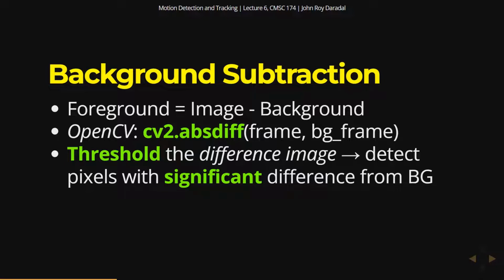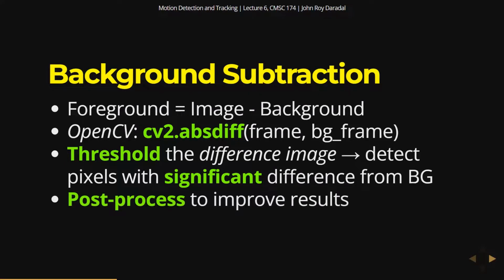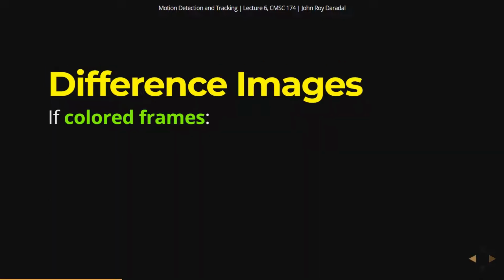So those will be negligible, and we can just let those go. Only those that are greater than the threshold will be considered part of the foreground. Okay, so we threshold, and then after that we could also post process the result to improve it. So yeah, that's background subtraction.